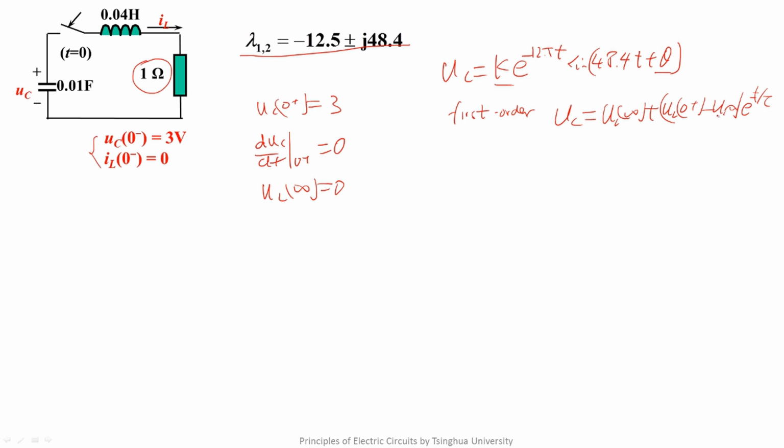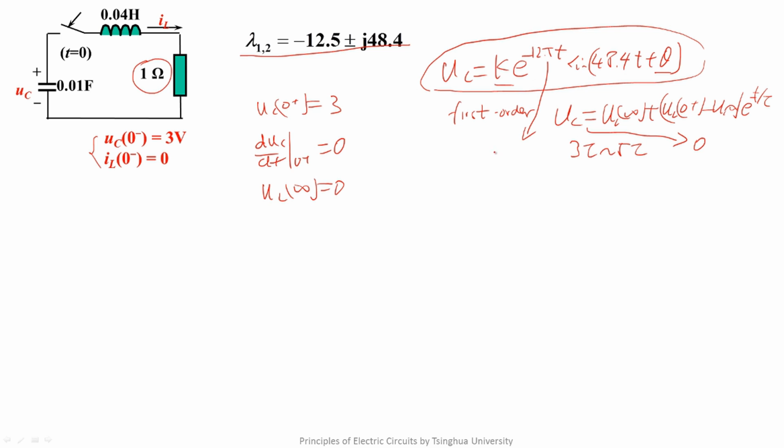We said a very important point there, that uC tends to be 0 after 3 tau to 5 tau. Do you find that the transient process of a second-order underdamping circuit is also a process of attenuation? So here 12.5 is very similar to 1 over tau in the first-order circuit. Thus, we can know that the transient process of the whole circuit is 3 times 1 over 12.5 to 5 times 1 over 12.5.